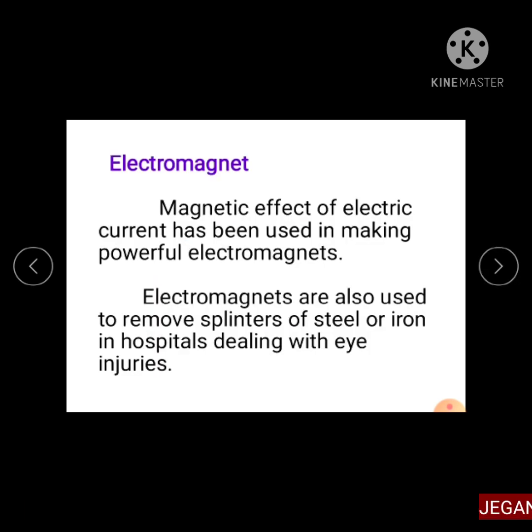Electromagnet. The magnetic effect of electric current has been used in making powerful electromagnets. Electromagnets are also used to remove splinters of steel or iron in hospitals dealing with eye injuries.